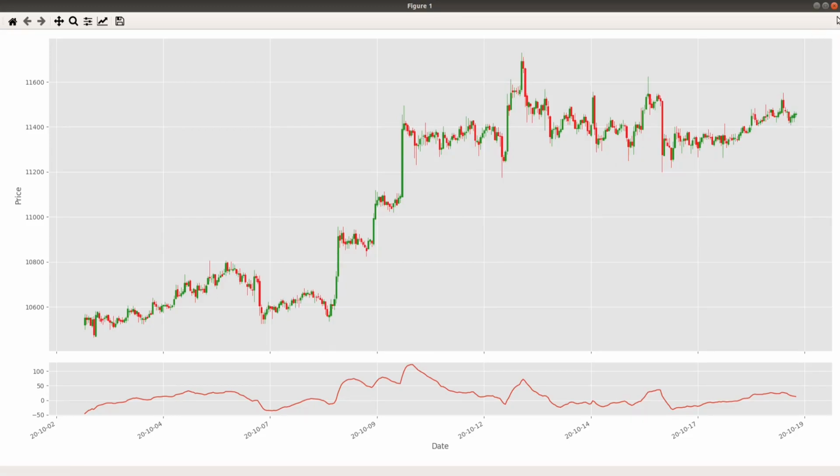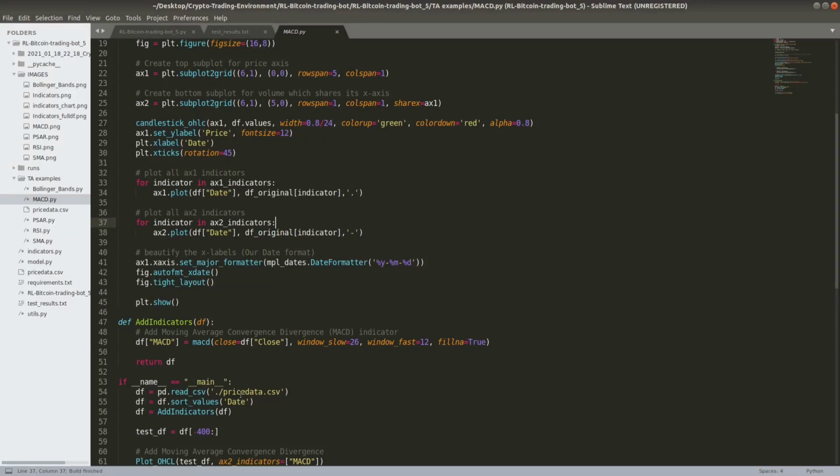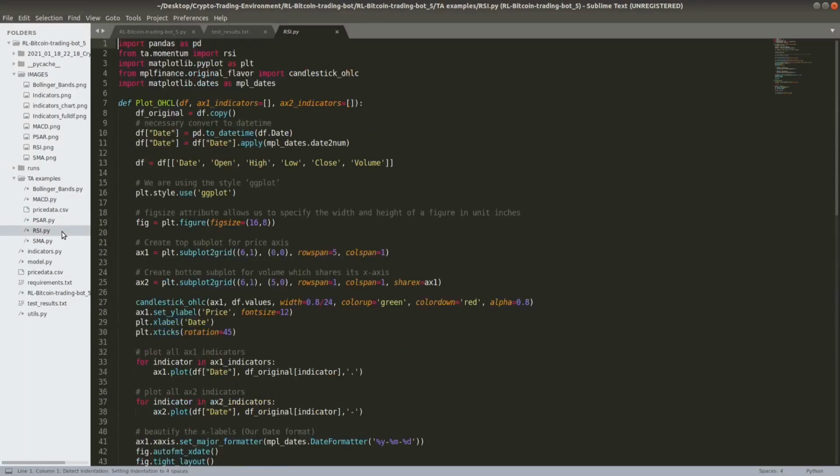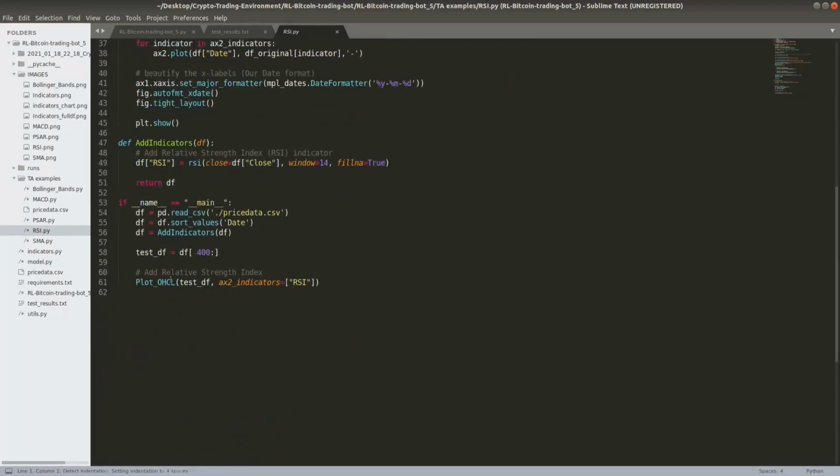So let's move ahead to our Relative Strength Index function indicator. This Relative Strength Index indicator is known as a momentum indicator employed in technical analysis that measures the magnitude of recent market changes to estimate overbought or oversold conditions within the current market price. The RSI is displayed as an oscillator and might have a reading between 0 and 100.